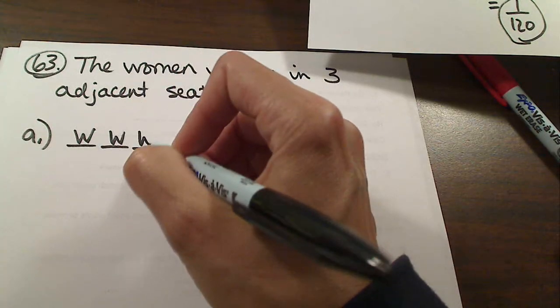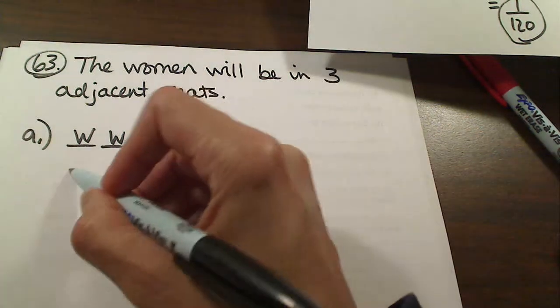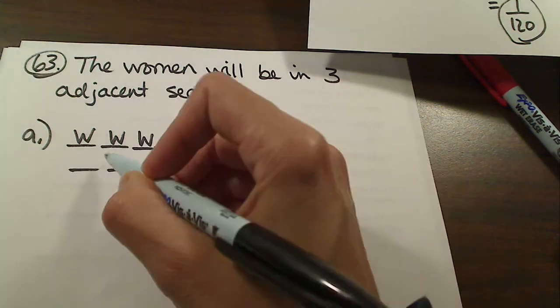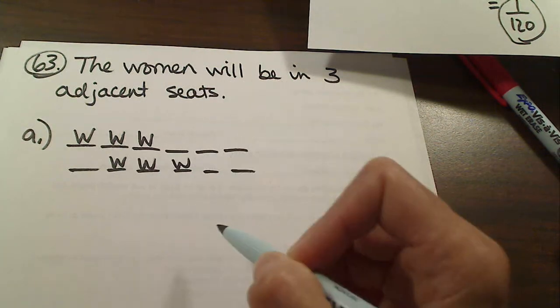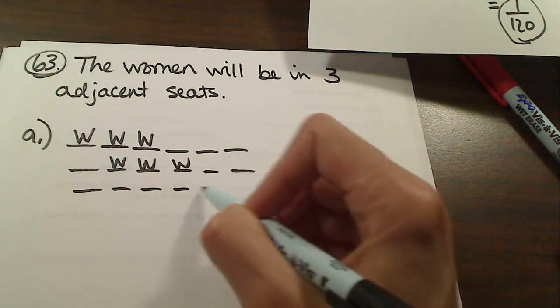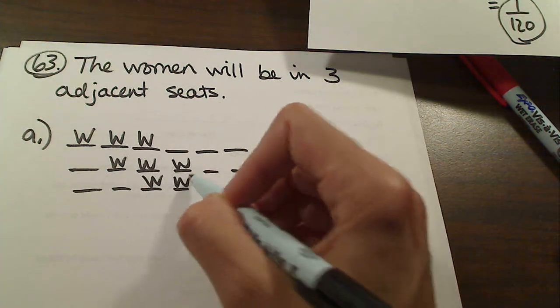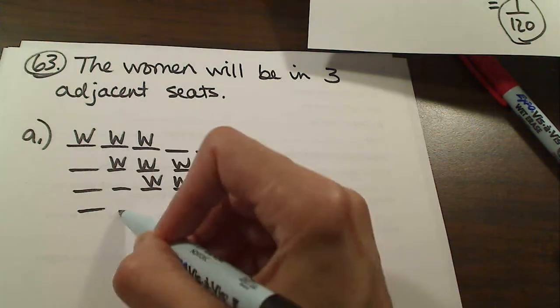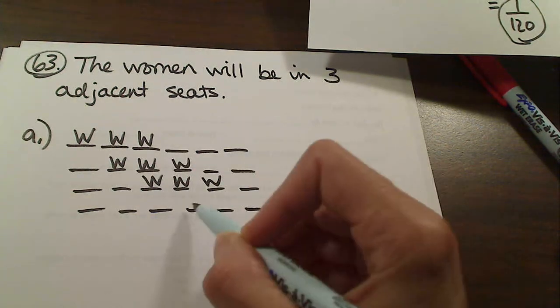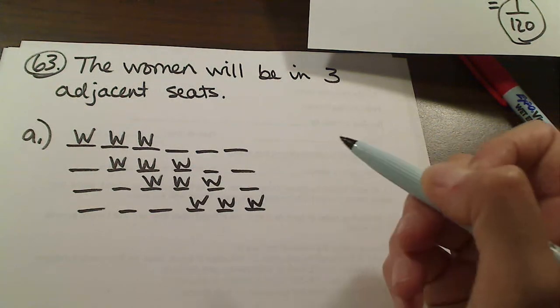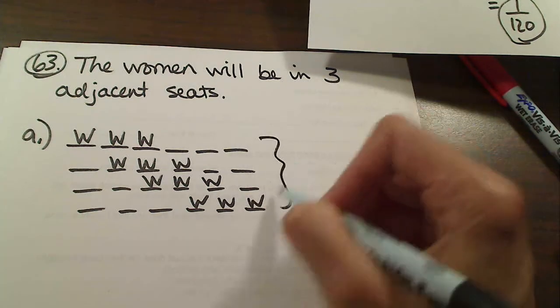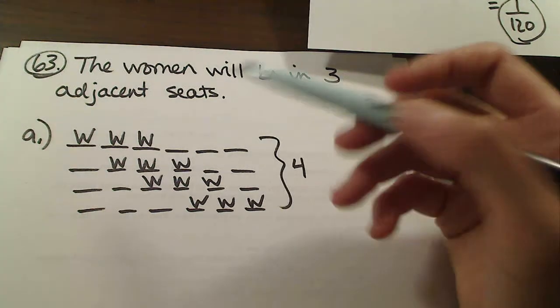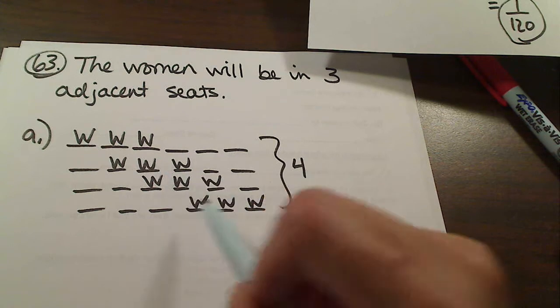We could have the women sit like this, and they could also sit like this, and like that, and we just keep counting this, and then like that. So there's 4 ways that the women can place themselves in adjacent seats.